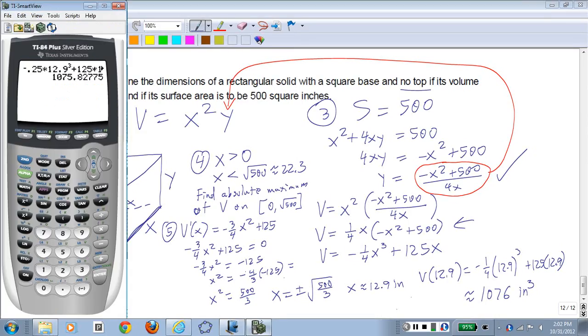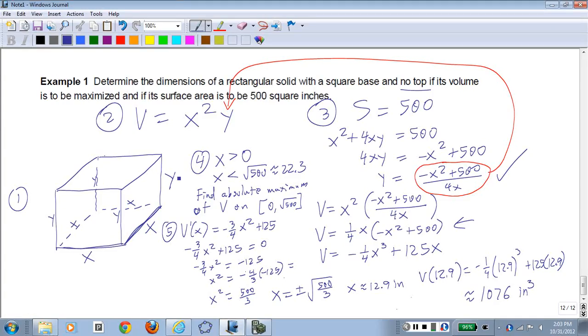So we could say negative 12.9 squared plus 500 divided by the quantity 4 times 12.9. 6.46 or about 6.5. So y is about 6.5 inches.